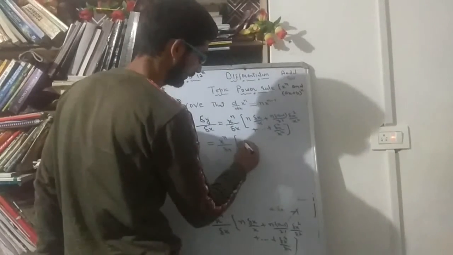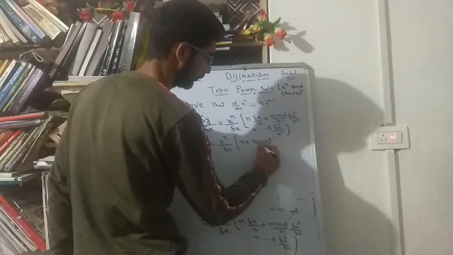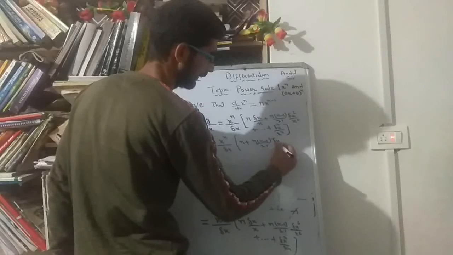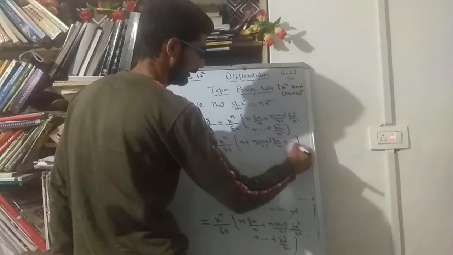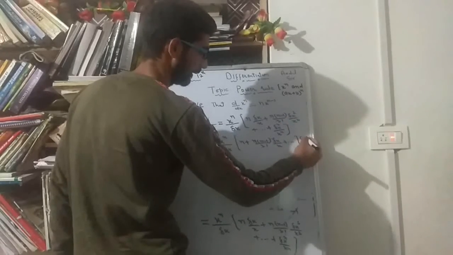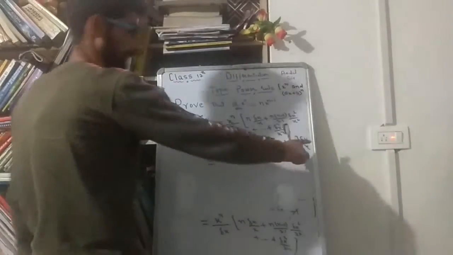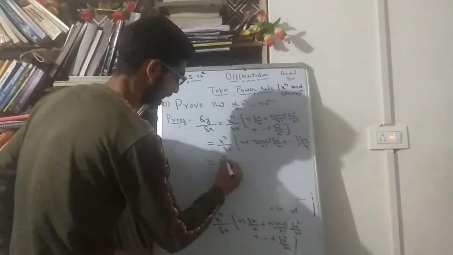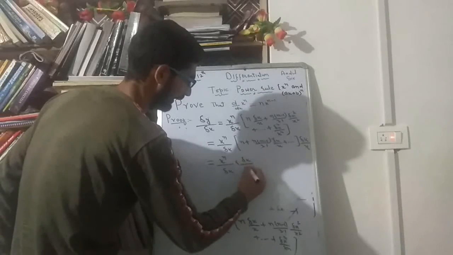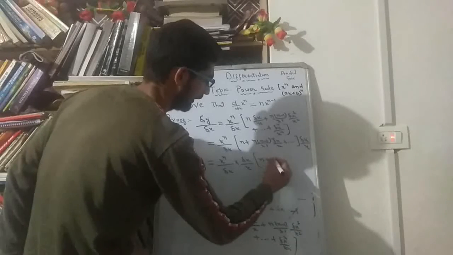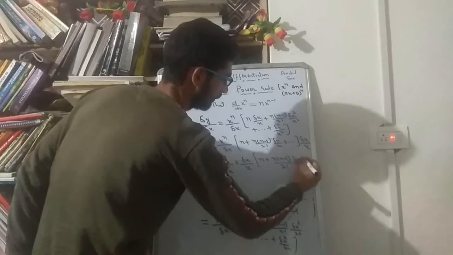So here it will be now n plus n into (n minus 1) divided by 2 factorial del x divided by x plus so on, and the last term we have factored out as del x divided by x. So now you check here, it will be x^n divided by del x, and then multiplied by del x divided by x, and then we have n plus n into (n minus 1) divided by 2 factorial del x divided by x plus so on.